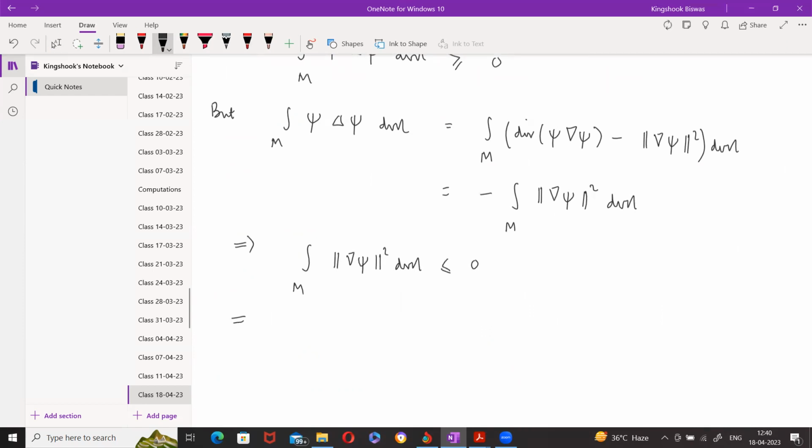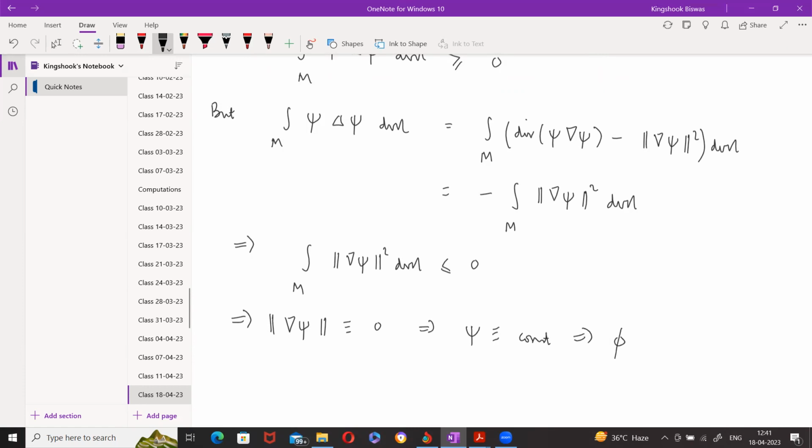That implies that this is 0, so norm grad psi is identically 0. That implies that psi is constant, and that implies that phi is constant.